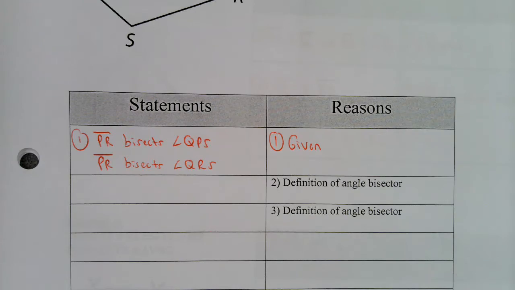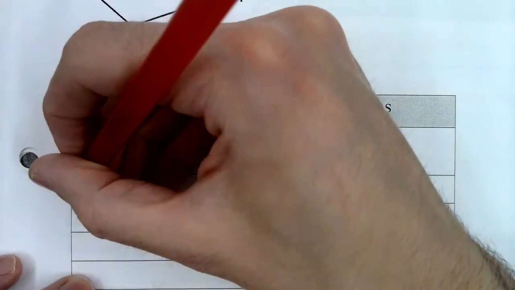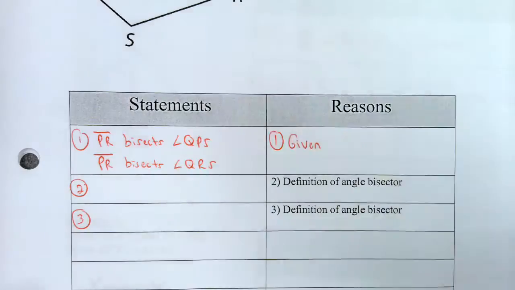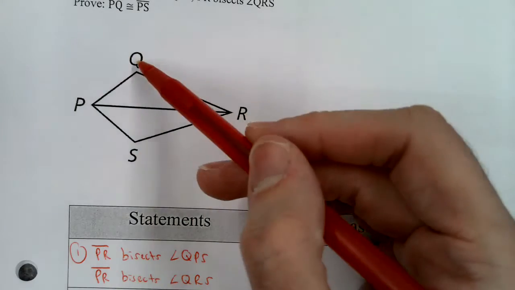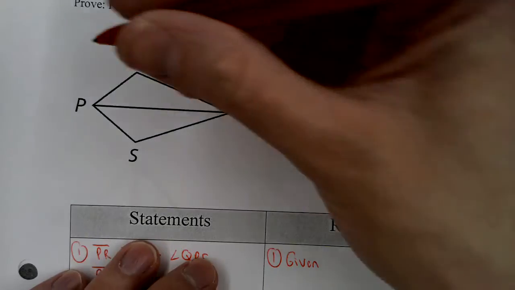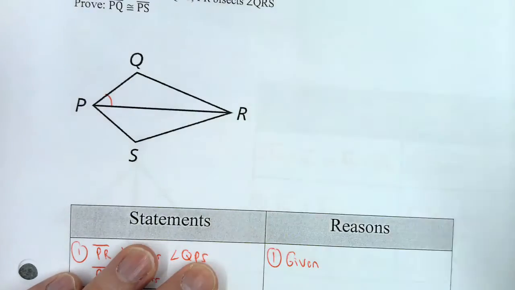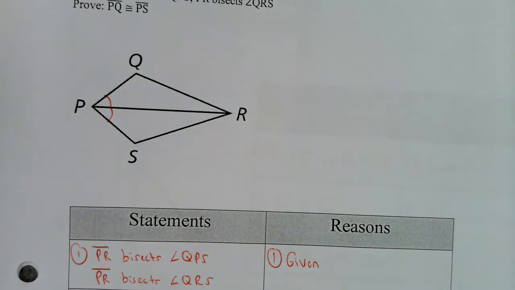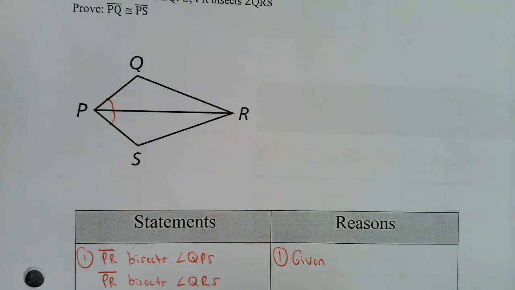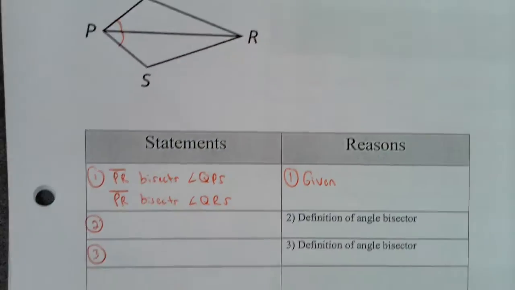Then it says use the definition of an angle bisector for statements 2 and 3. So if angle QPS is bisected, then it means angle QPS is cut in half into 2 congruent angles. So this top angle is going to be congruent to this bottom angle. So I'll name that with 3 letters. I'll say angle QPR is congruent to angle SPR.